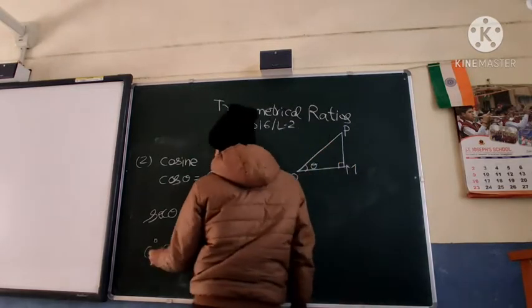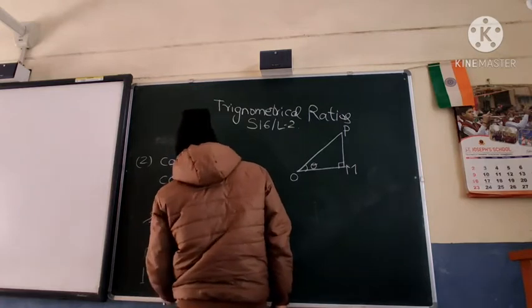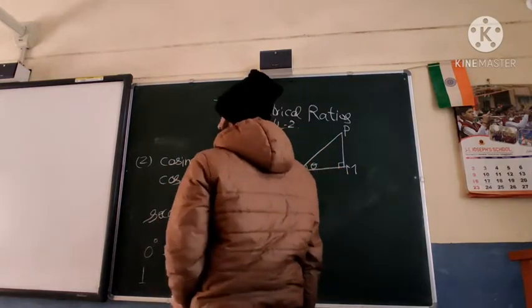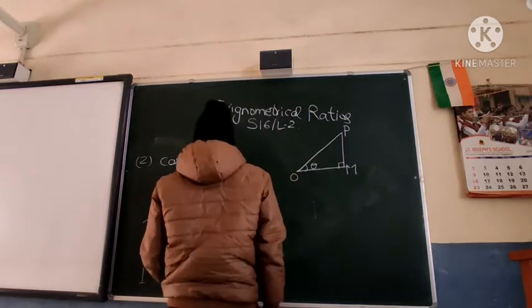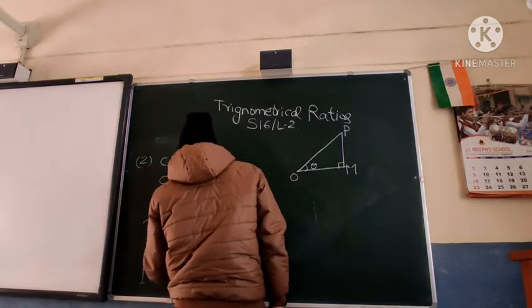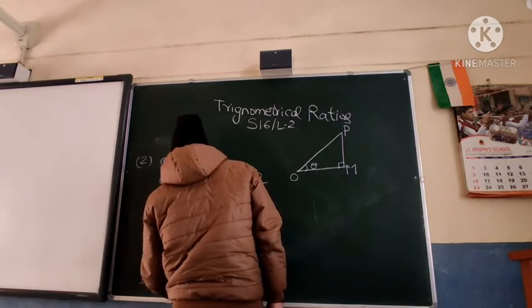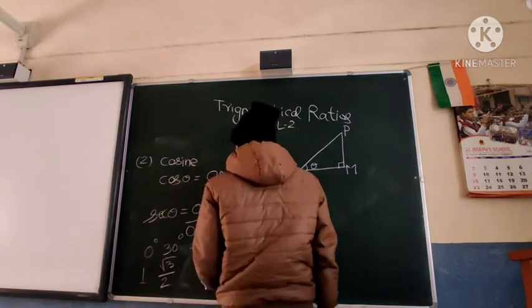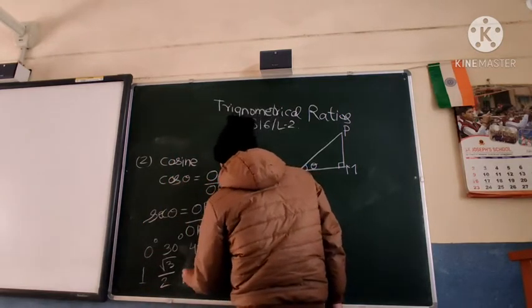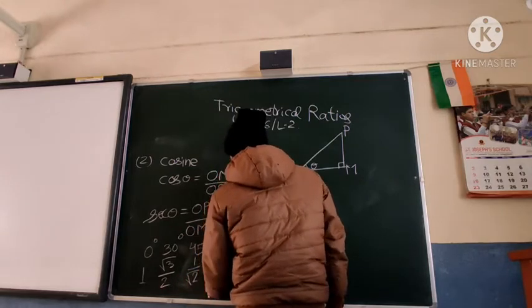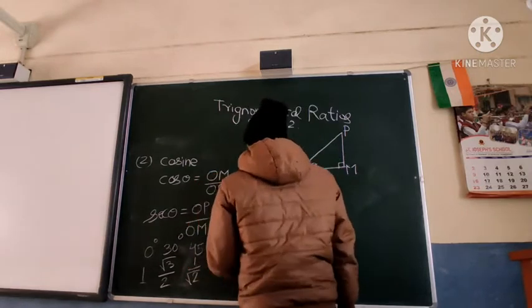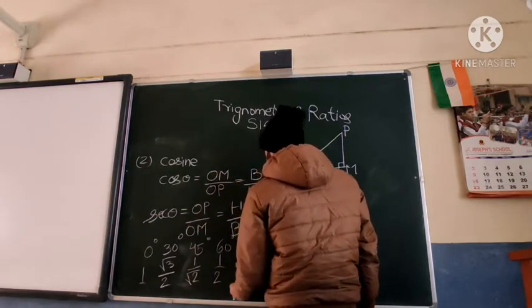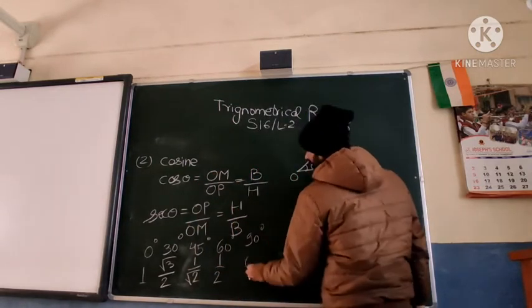Now cos 0 is 1. Then cos 30 is root 3 by 2. Cos 45 is 1 by root 2. Then cos 60 is 1 by 2 and cos 90 is 0.